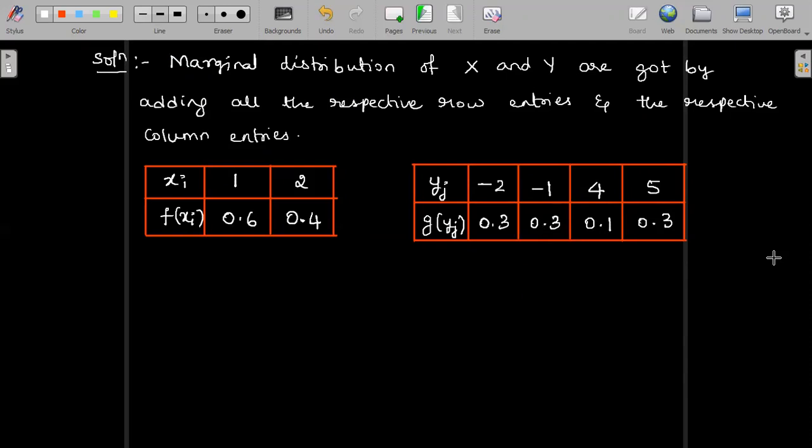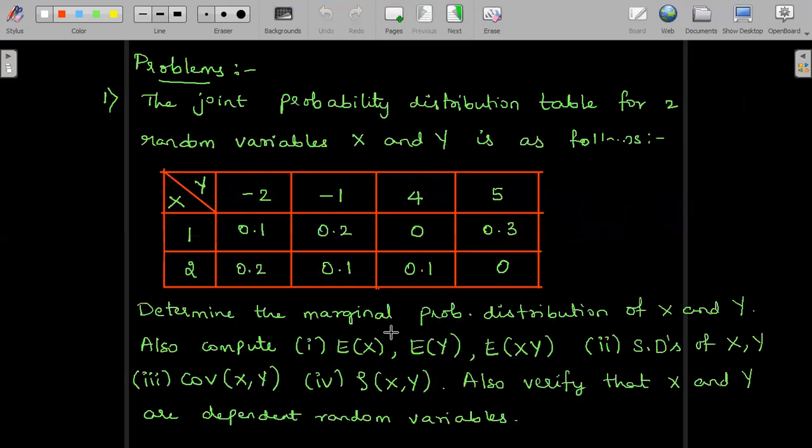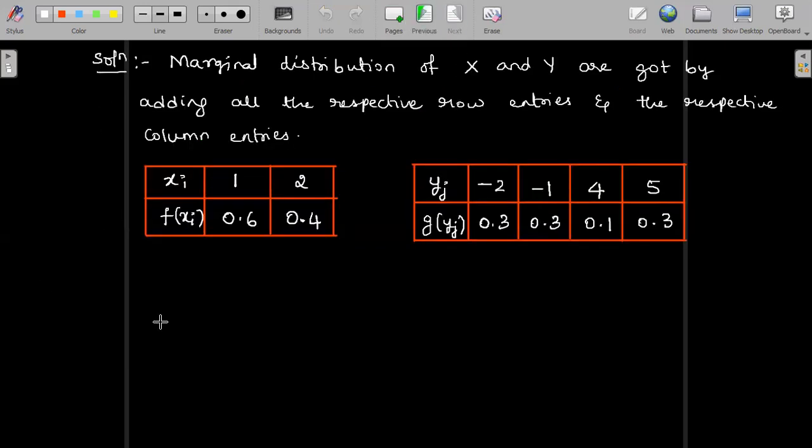So this was the first part of the problem, to find the marginal distribution of x and y. Now we have to compute E of x, E of y, E of xy, that is, expectations. First, E of x, which is the same as writing mu x.